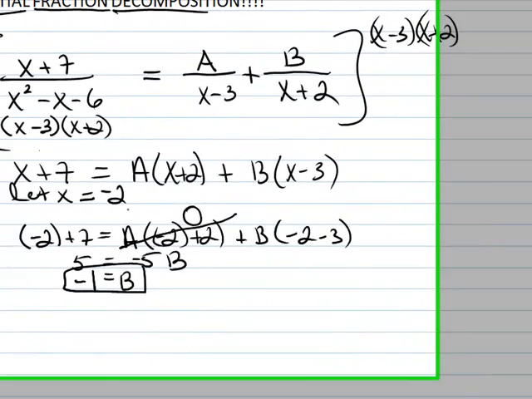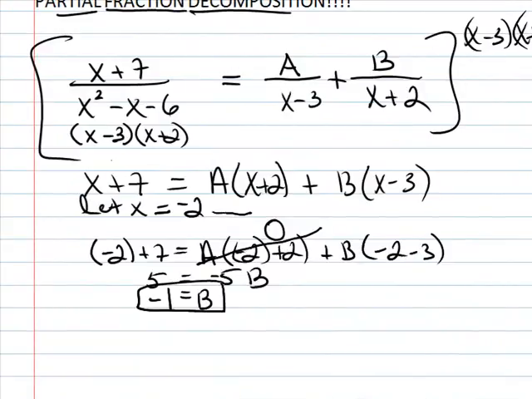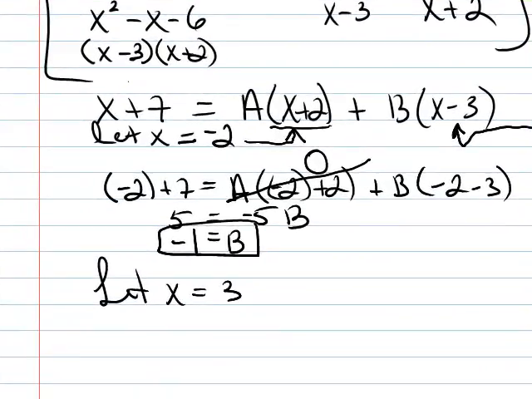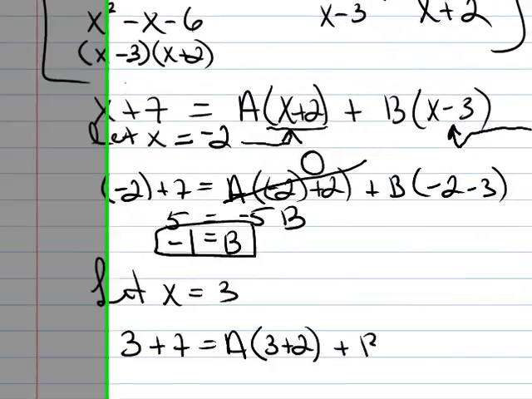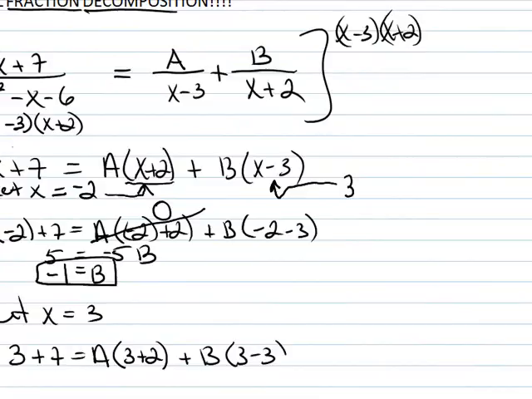So this number was picked because it made that 0. So I'm going to pick another number that's going to make this 0, and what is that number going to be? 3, right? So let x equal 3, and what I have is 3 plus 7 equals a times 3 plus 2 plus b times 3 minus 3.